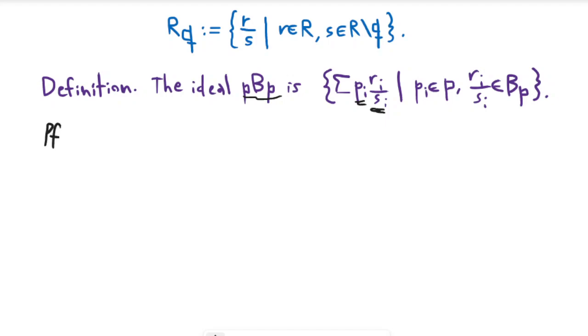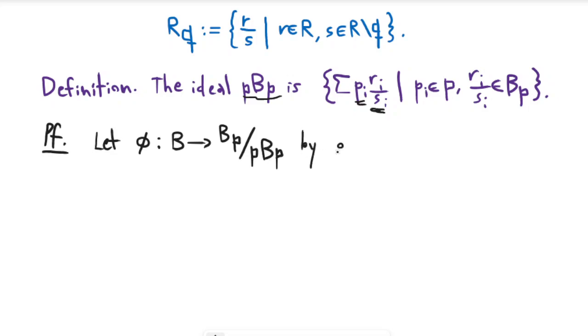Now that we have those definitions, in our proof we're going to let phi from B to this quotient, BP over pBP, be defined by, so if I have a B in the ring B, I'm going to map it to the coset B plus pBP.